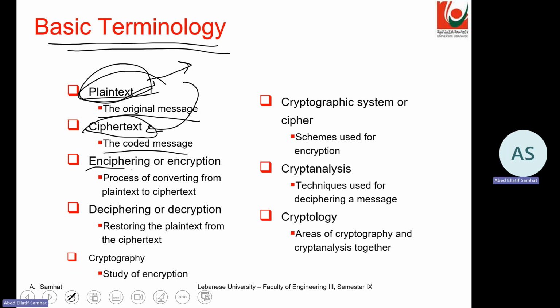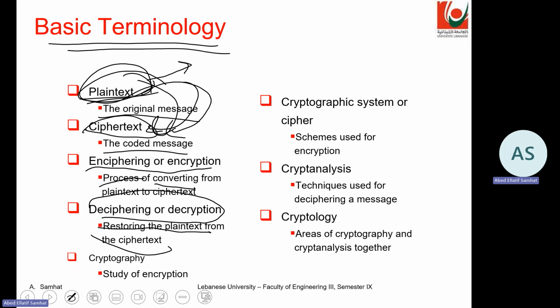And enciphering or encryption is the process to convert from the plain text to the ciphertext. As deciphering or decryption is a reverse process where you restore the plain text from the ciphertext. Okay? So when you cipher, you go from plain text to the ciphertext. When you decipher, you recover the plain text from the ciphertext.